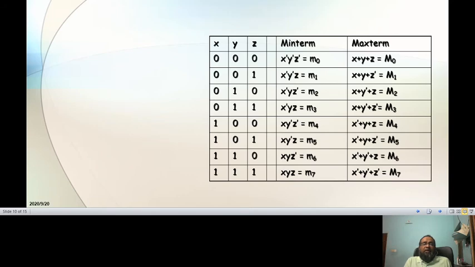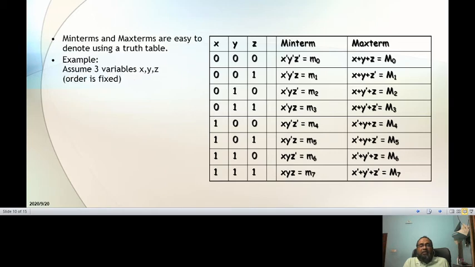Now for a 3 variable Boolean expression, we can write the min term as well as max terms. See here the table, the first is 0 0 0. So the min term is of course x bar y bar z bar, and that is the small m0.